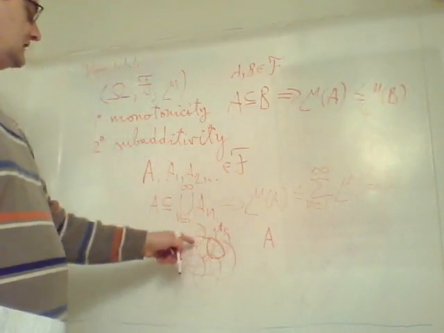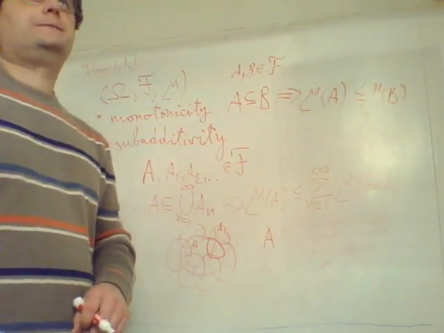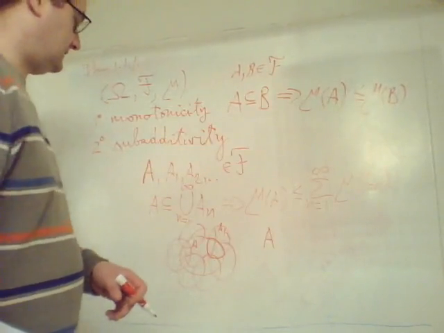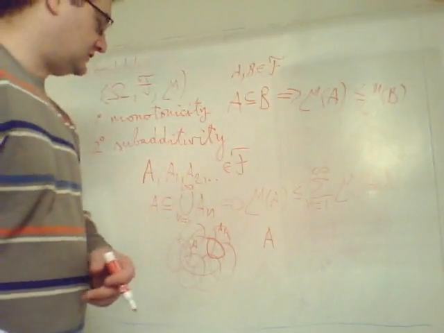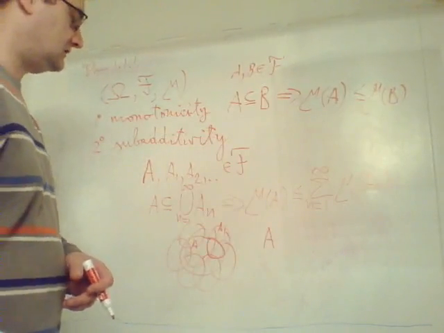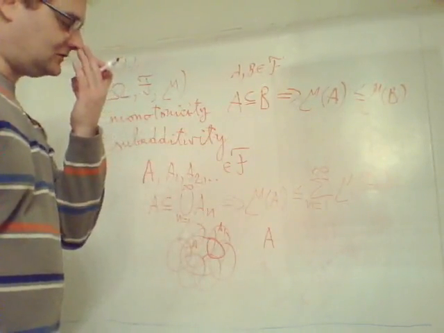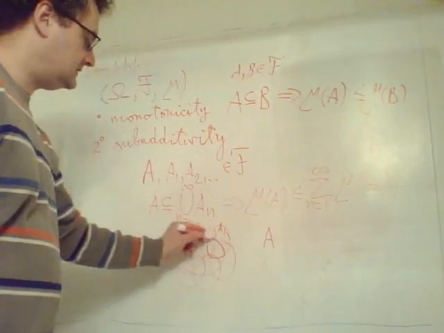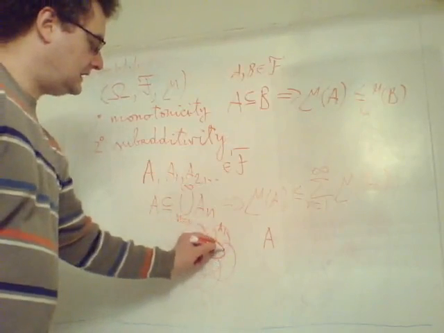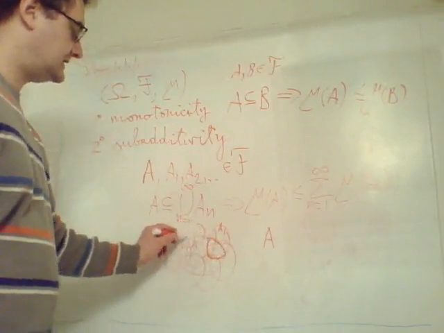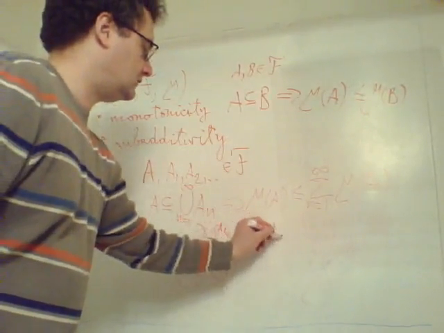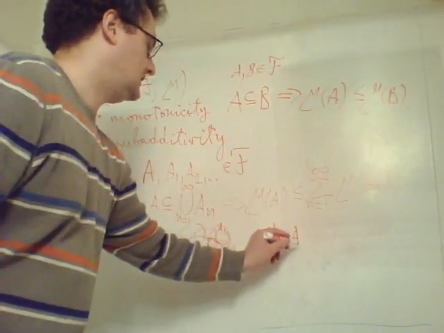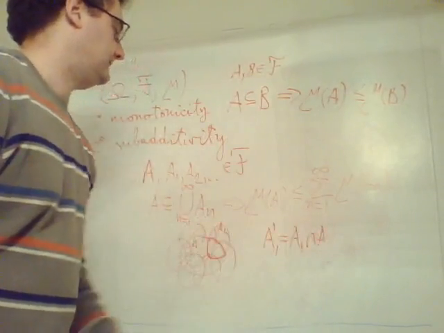The idea is to write A as a disjoint union of what sets. Well, those sets are going to be defined using the ANs. So if this is A, then A1 intersected with A is going to be our A1 prime. So A1 prime is A1 intersected with A.